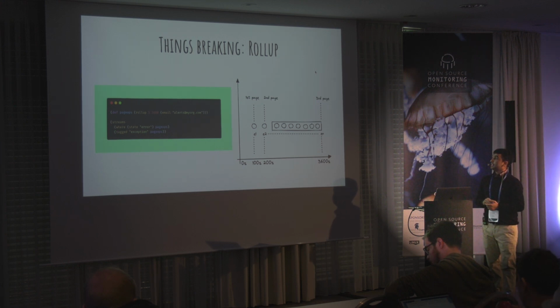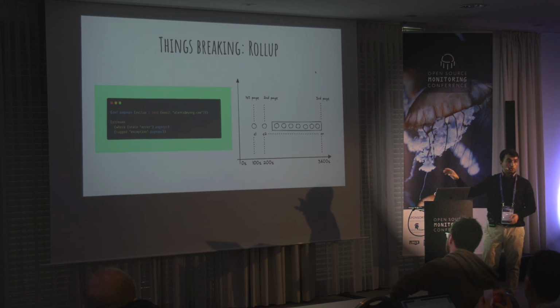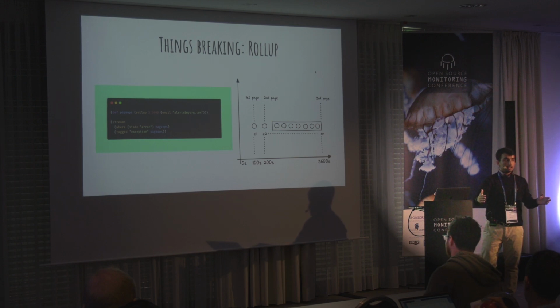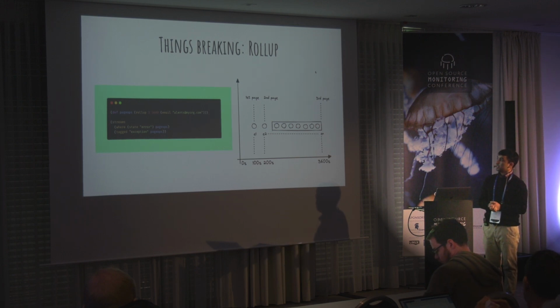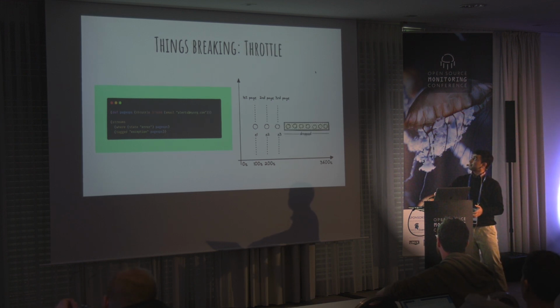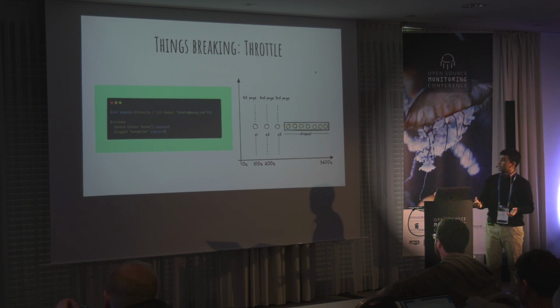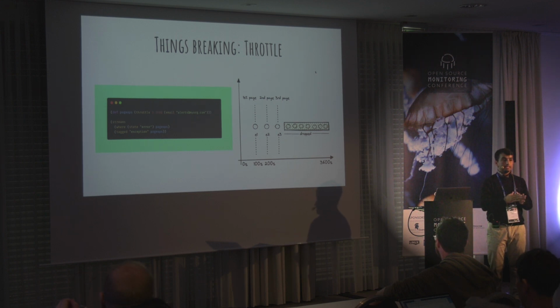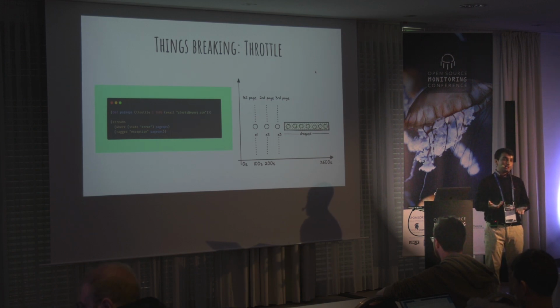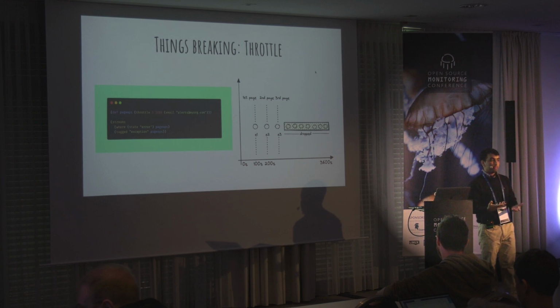This has a downside because now Riemann needs to keep all these events in memory. That can lead to unbounded memory usage, and it can lead to out-of-memory situations. So Riemann provides another stream called throttle. Throttle, as the name suggests, you basically drop all the events after a certain number of events. This is also something you would not like to use in production because you don't want to drop events randomly.